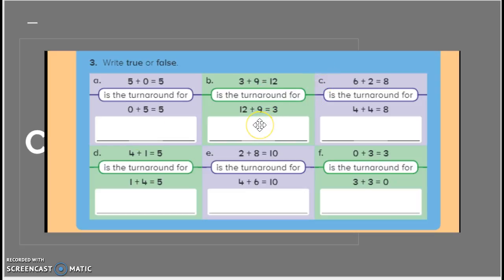B says 3 plus 9 equals 12. Is the turnaround for 12 plus 9 equals 3? Think about the parts and the total for 3 plus 9 equals 12. Is that a true turnaround fact for 12 plus 9 equals 3? Write true or false in the blank.